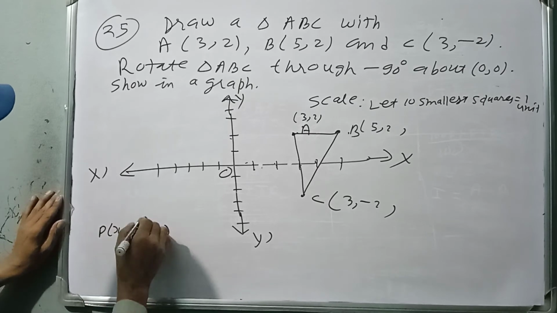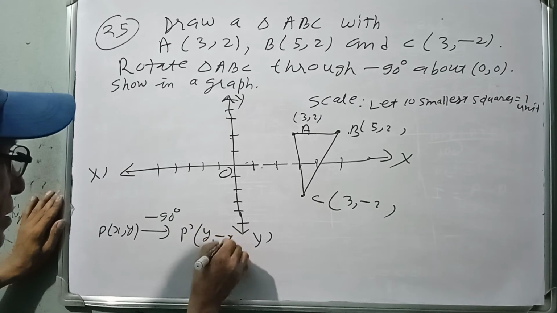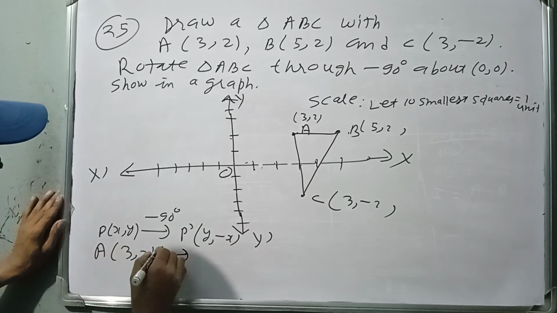P(x,y) about minus 90 degrees is P'(y,-x). So what is A? (3,2) के जाने भयो?